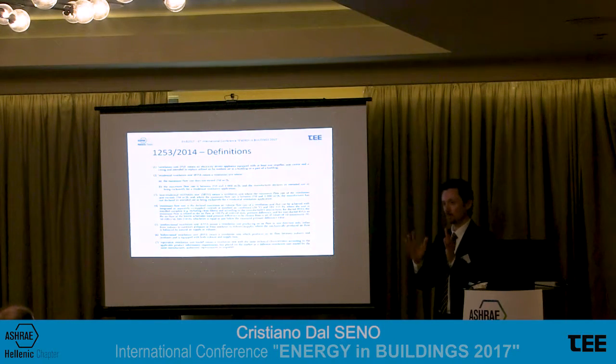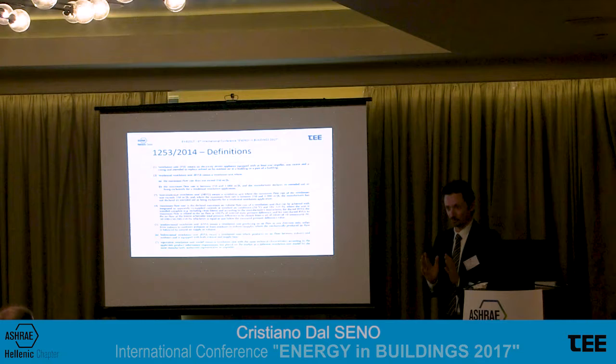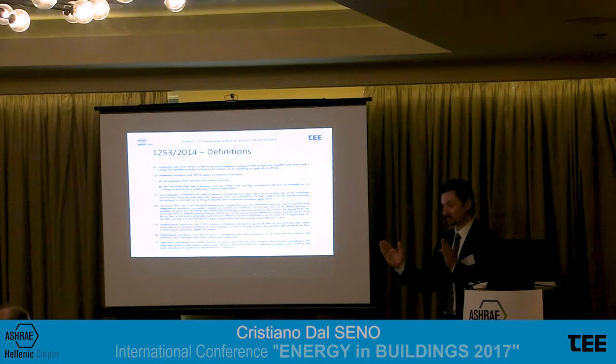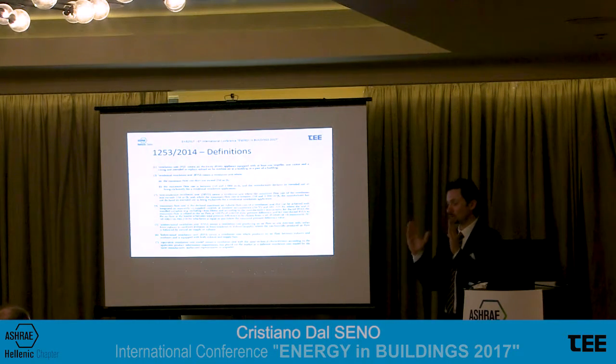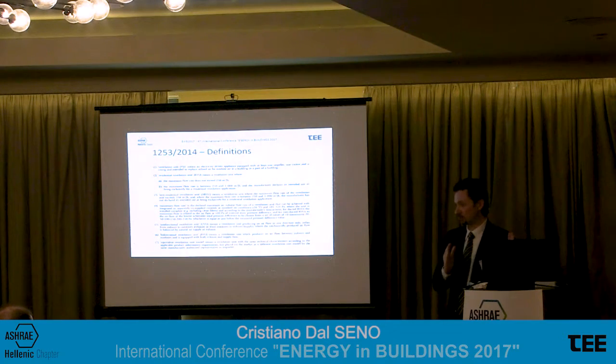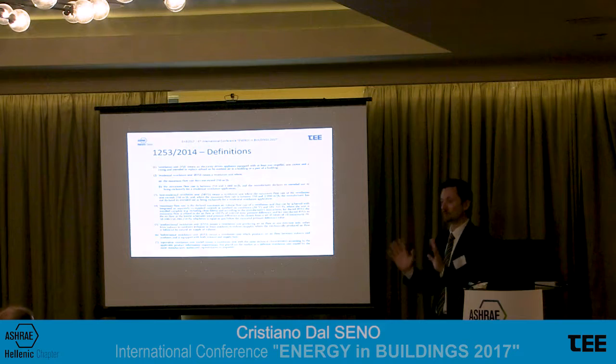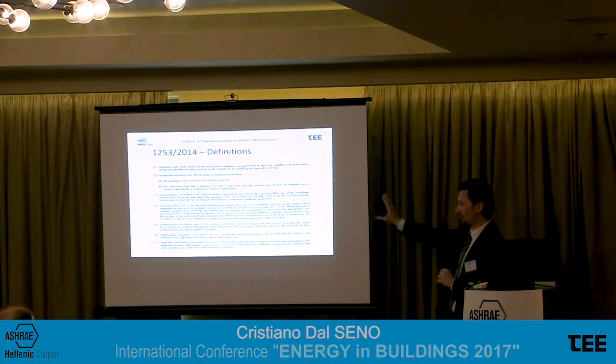Residential air handling units have air flows lower than 250 cubic meters per hour, so we talk about very, very small air flows, or air flows between 250 and 1,000 cubic meters, but the producer should clearly declare these units are for residential application. These units are out of the range of the normative we are discussing now.